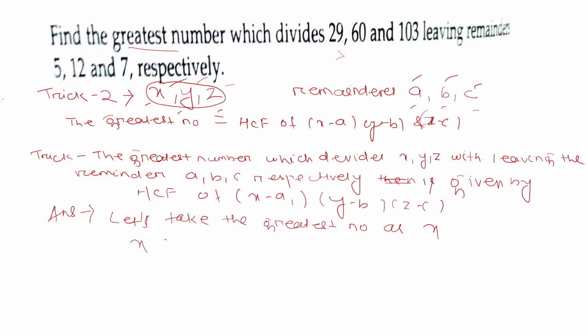So x divides 29 with remainder 5, and x divides 60 with remainder 12, and x divides 103 with remainder 7.